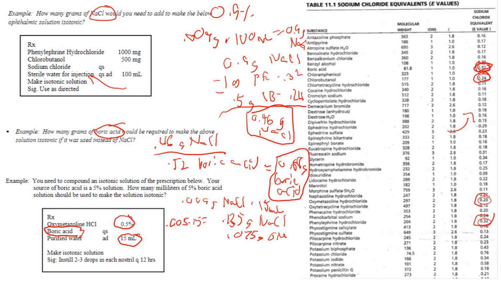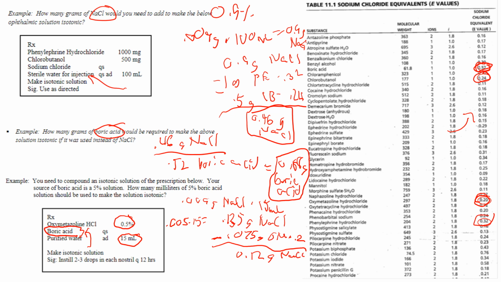So up here you can see I already circled it, it's 0.2. And since this is our only ingredient, right, boric acid's like our final base in the solution, this is actually the only thing we need to subtract. All the other problems I've shown you so far have had two ingredients, this one only has one, essentially. So we can do that 0.135 minus 0.075 times 0.2. We get that if we were using sodium chloride, we would need 0.12 grams of sodium chloride.